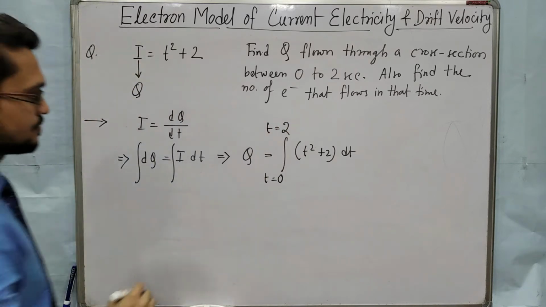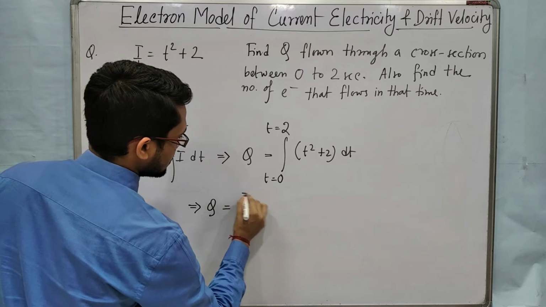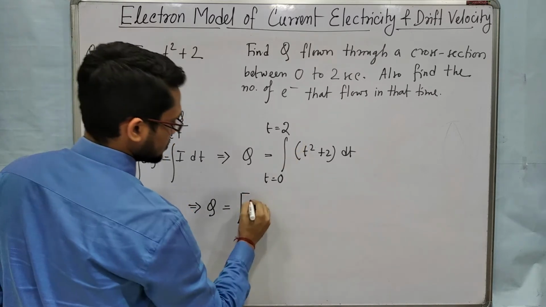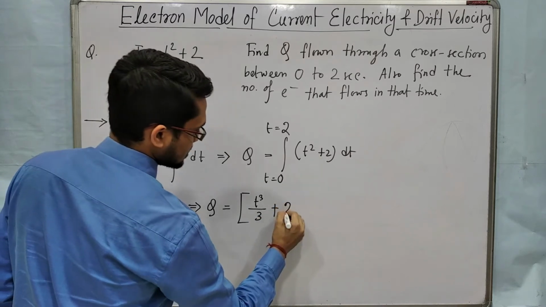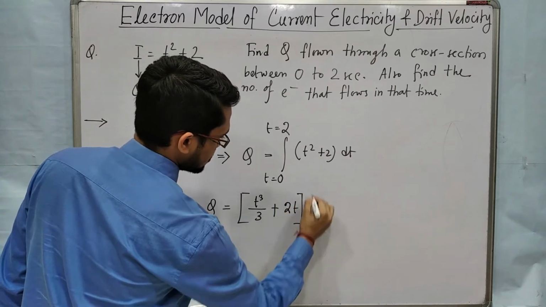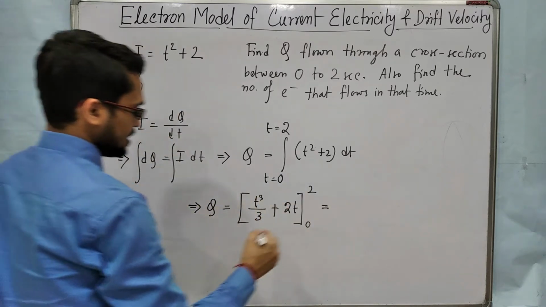Now you will get q equal to the integration of t square, which is t cube by 3, plus the integration of 2, which is 2t, from 0 to 2. Now put first the upper limit, then the lower limit.